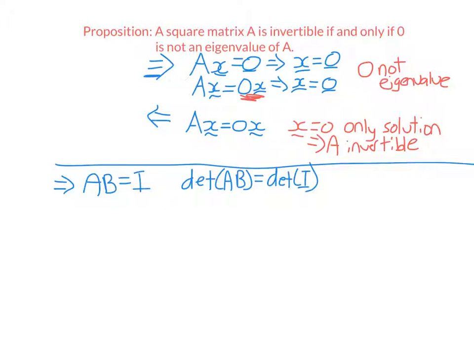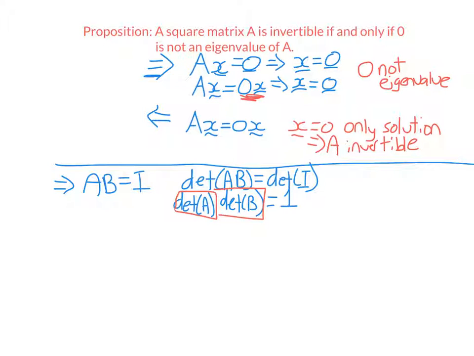But the multiplicative property of determinant says the determinant of AB gives us determinant A times determinant B. That's equal to the determinant of I, which is always 1, regardless of the dimension of I. So what we have here is a scalar number times a scalar number equal to 1.